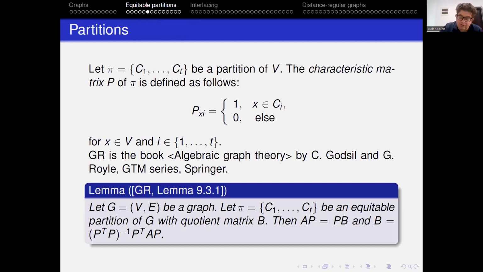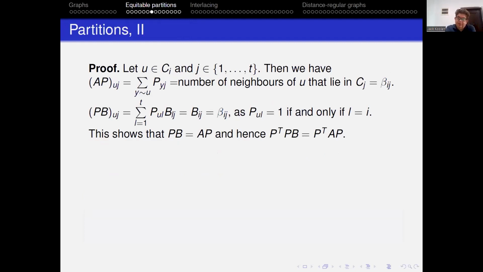So we will show this now. We want to show that AP equals PB. So let u be in Ci and j a number from 1 to t.